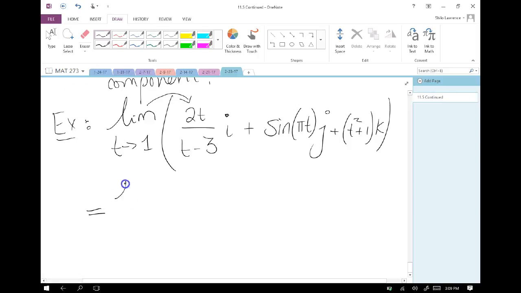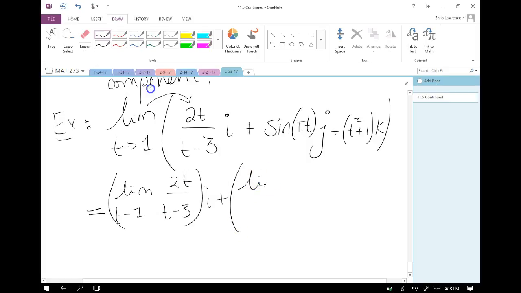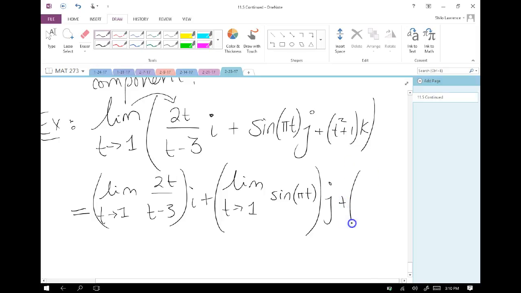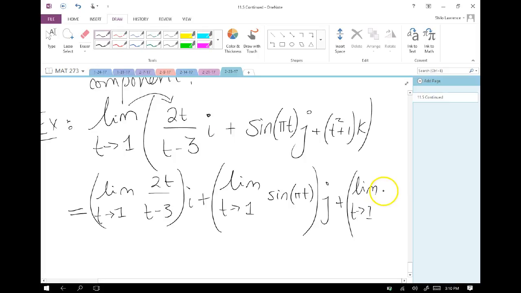But we're technically doing the limit as t approaches 1 for 2t over t minus 3 i, plus the limit as t approaches 1 for sine of pi t j, plus the limit as t approaches 1 for t squared plus 1 k.